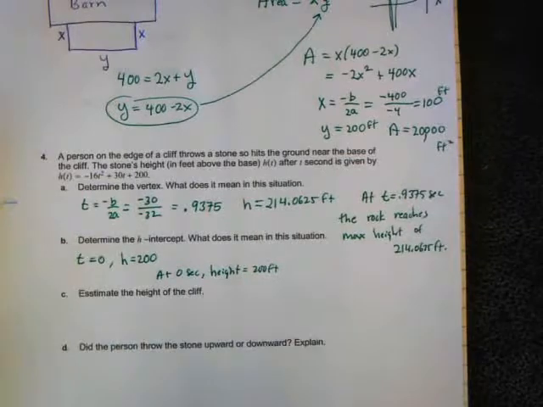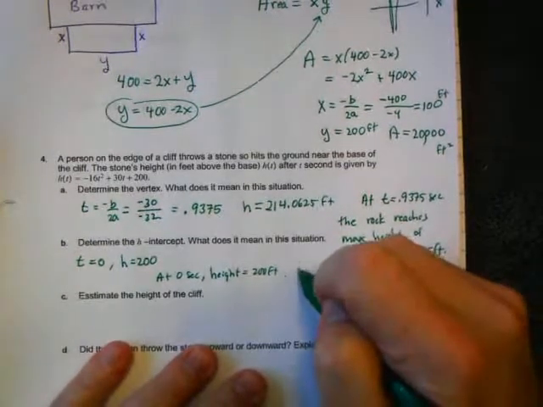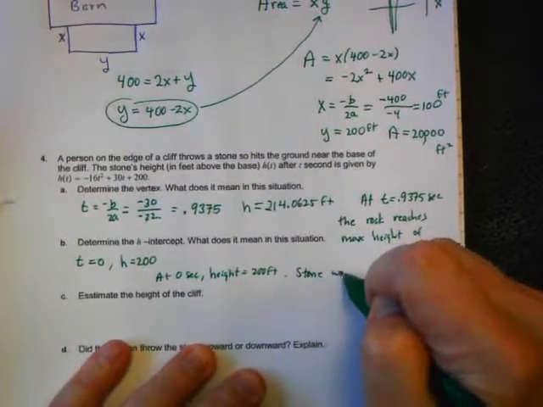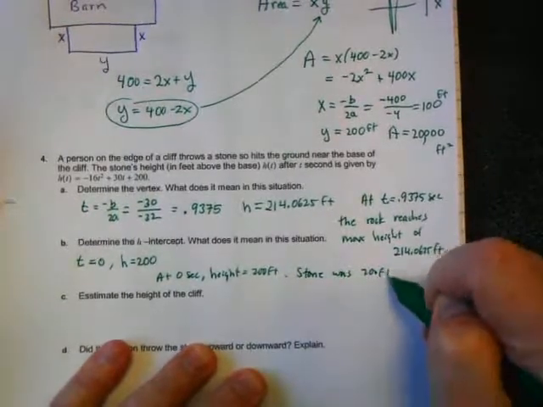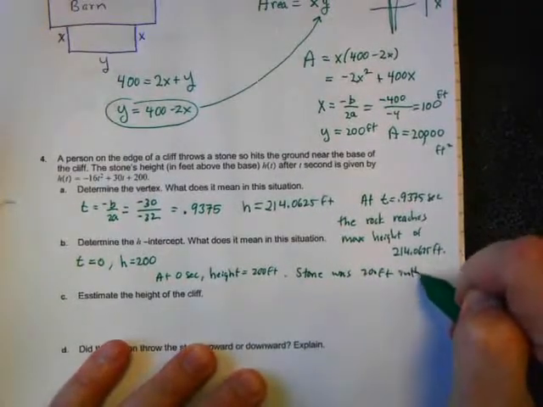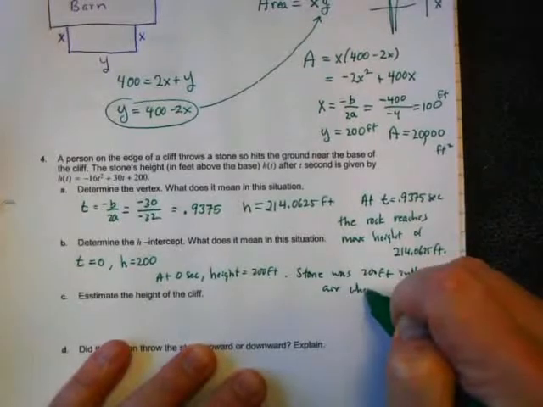Or even better, this is the height when the person released it. So the person was throwing the stone, right as they released it, the stone was 200 feet in the air. So better would be: stone was 200 feet in the air when released.